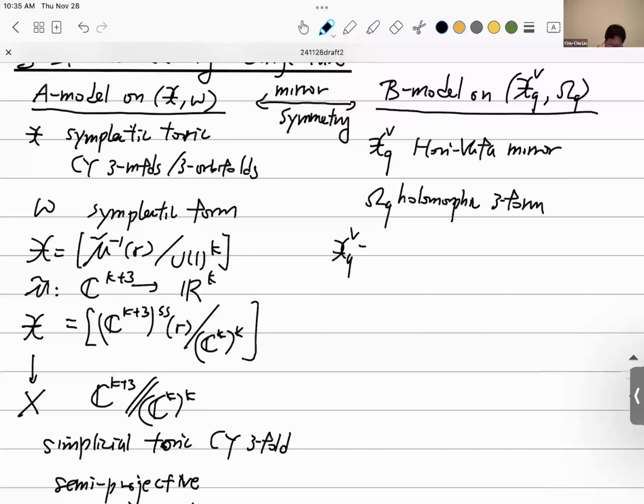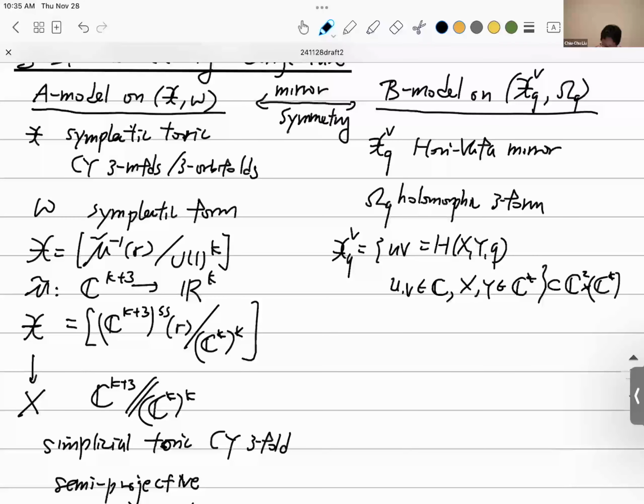More explicitly, X_Q is of the following form. It is a hypersurface in C^2 times (C^*)^2. The coordinates on C^2 are u, v, and the coordinates on (C^*)^2 are x, y. So it is uv = H(x, y; q). This can be written down explicitly if we are given the toric data of our original toric Calabi-Yau threefold.